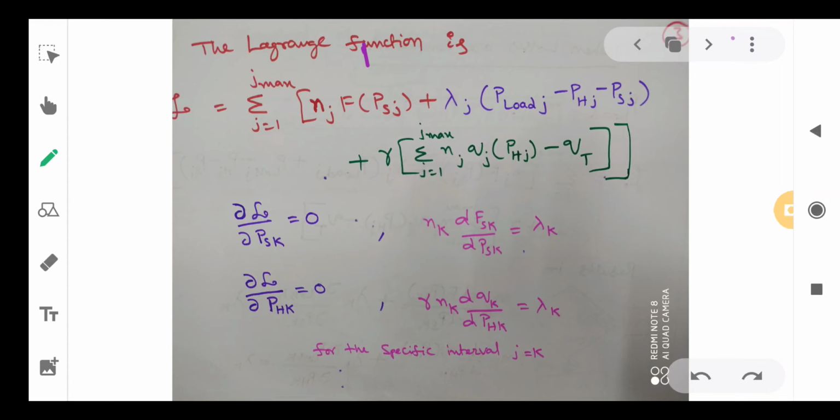the power balance equation, lambda j into P load j minus PHJ minus PSJ, the load balance equation constraint, plus gamma sigma j is equal to 1 to j maximum Nj Qj, where Qj is a function of PHJ, the hydropower generation, minus Qt. So this is one more constraint, the availability of the water discharge.